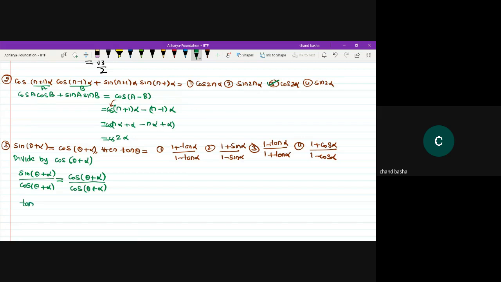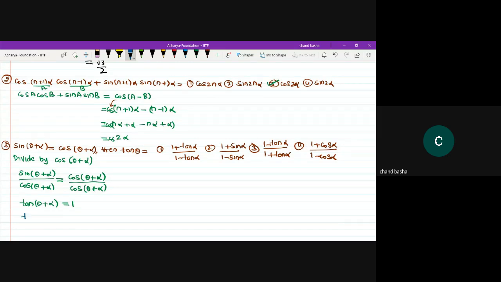Remember guys, the value in the bracket should be the same, then only you will get tan. Suppose sine of theta minus alpha and cos of theta plus alpha, the angles must be the same. Tan of the same angle theta plus alpha equals 1 on the right side. We can observe one formula, that is tan of A plus B.